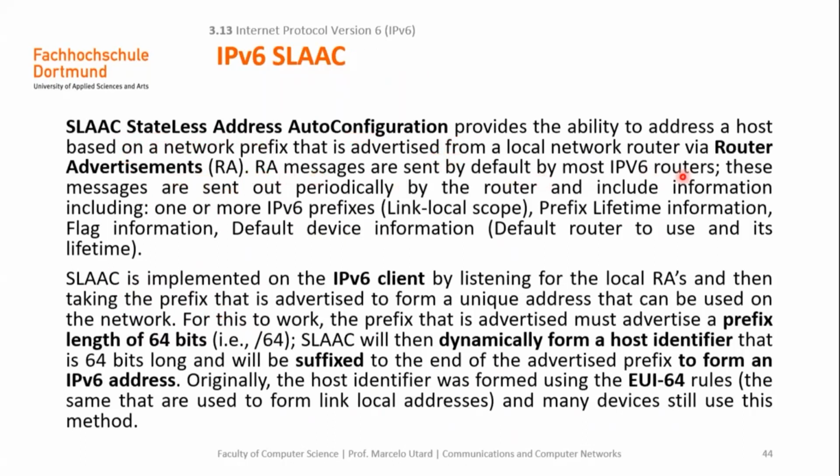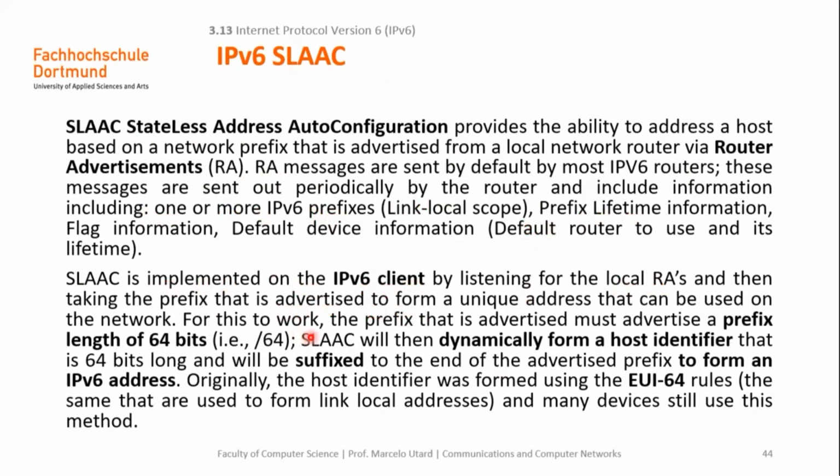These messages are sent out periodically by the router and include information including the prefixes, the prefix lifetime, the default router, and other information. SLAAC is implemented on the IP version 6 client by listening for the local router advertisements and then taking the prefix that is advertised to form a unique address that can be used on the network.